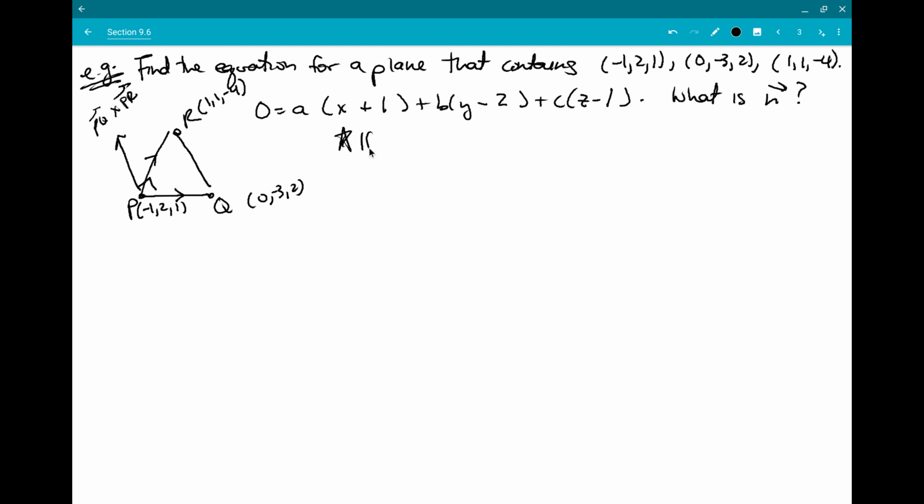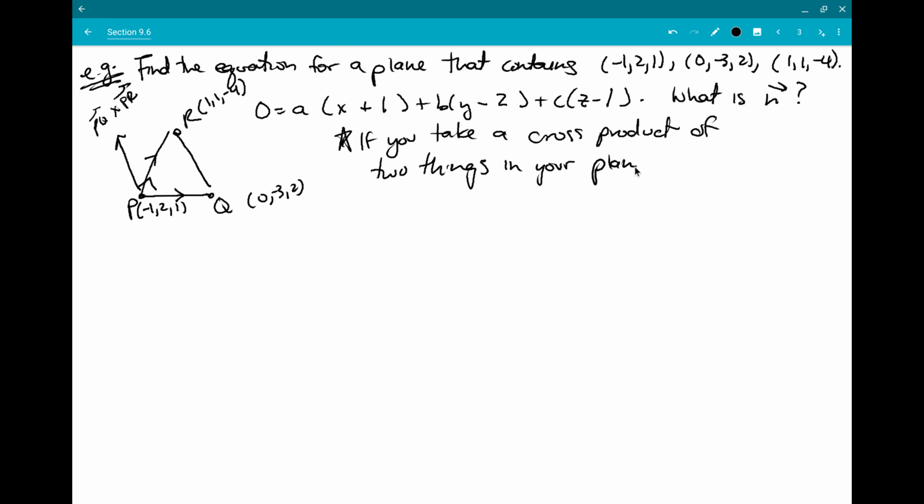So if you take a cross product of two things in your plane, that will give you n. It's just a thing to remember.